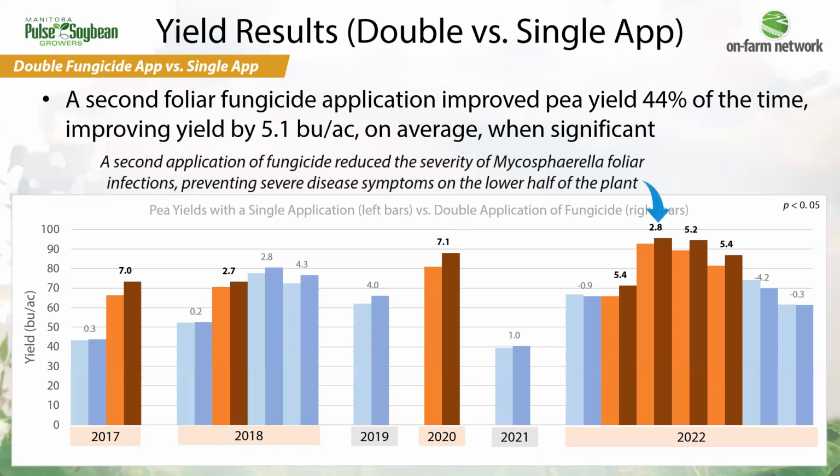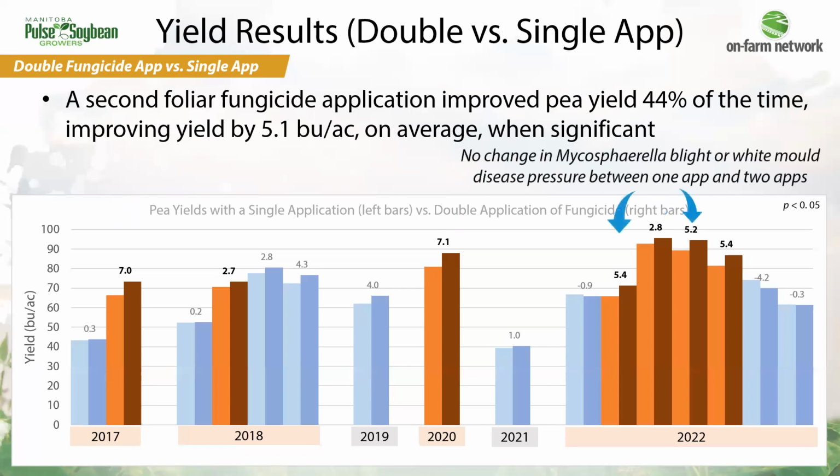At this trial in 2022, a second application reduced the severity of foliar infections, restricting disease to those lower leaves. And then at these last 2 significant trials, there was no change in Mycosphaerella blight or white mold disease pressure between 1 and 2 apps to explain that yield difference.